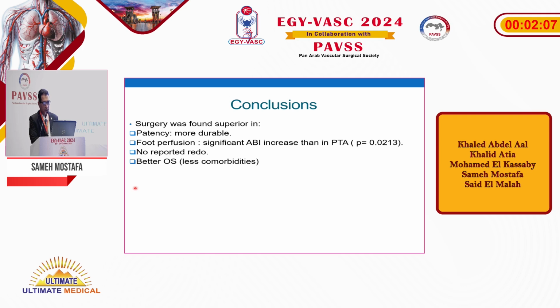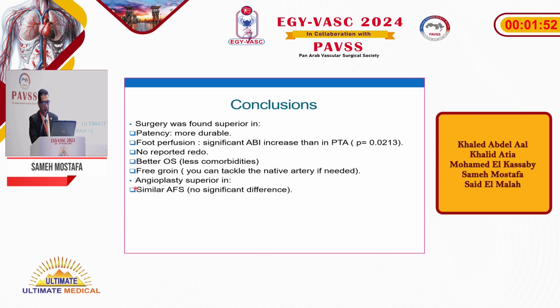So it's logical to have a better overall survival. The free groin in the surgery group was due to the use of the popliteal artery as an inflow instead of the common femoral artery. Angioplasty was found similar to surgery in amputation-free survival, with no significant difference.